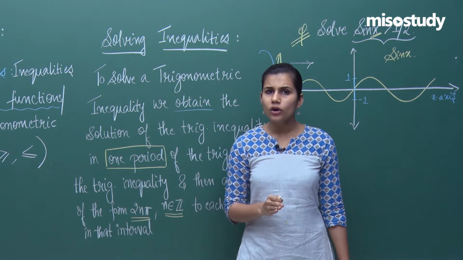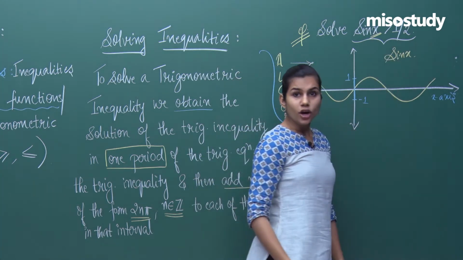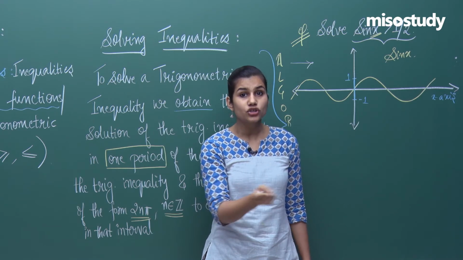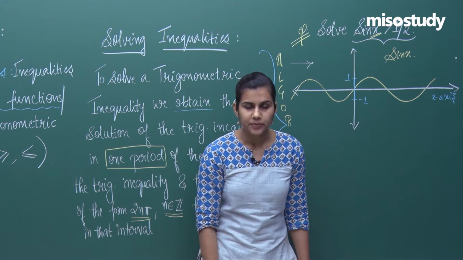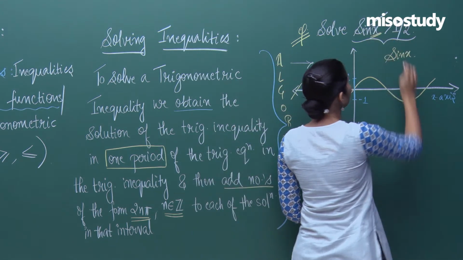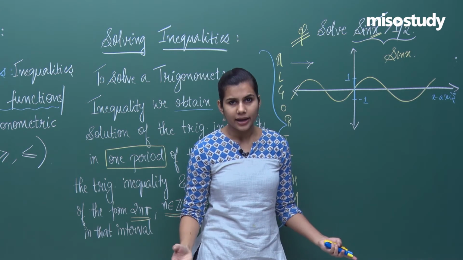And what is the algorithm? The algorithm is to solve the inequality for one specific period of the trigonometric function in the trigonometric inequality. The trigonometric function in the inequality is your sine function. What is the period of the sine function? It's 2 pi.